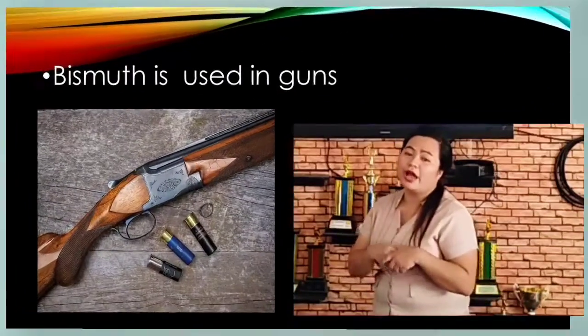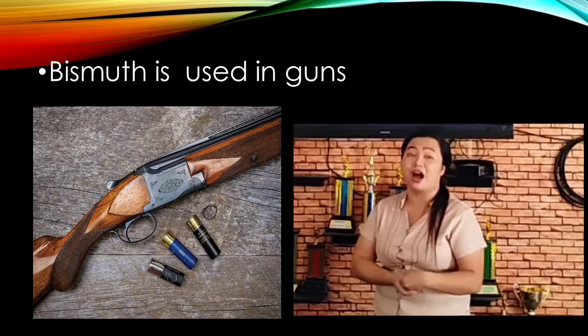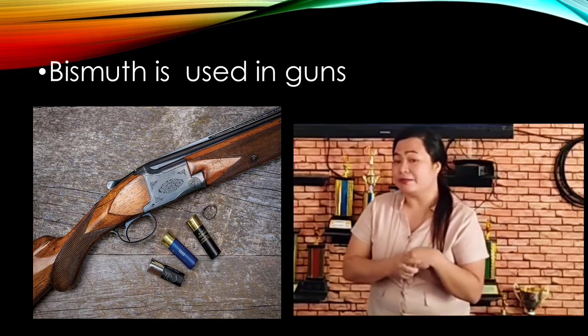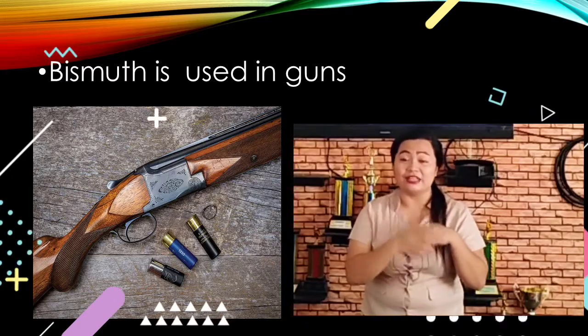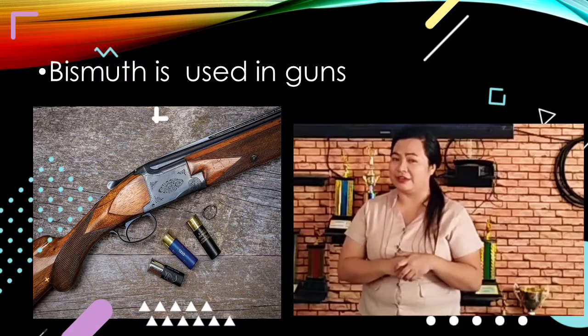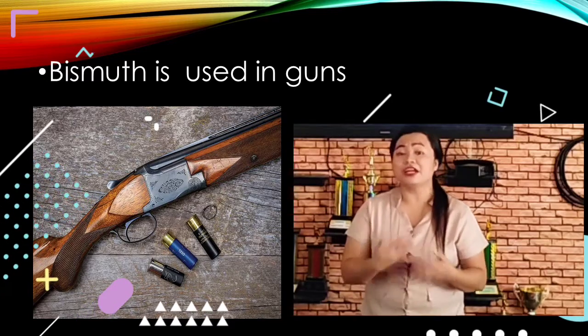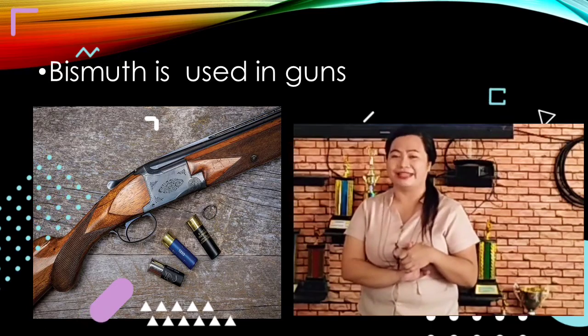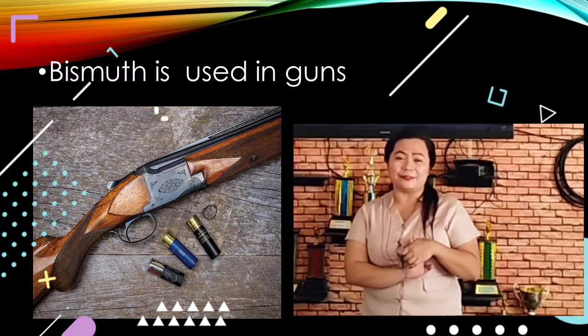For example, bismuth is used in guns. Why do we use a diamagnetic material in guns? Because there is no reaction to a magnetic field. Therefore, if we fire a gun, it has less interaction with the Earth's magnetic field. Are you okay with that?